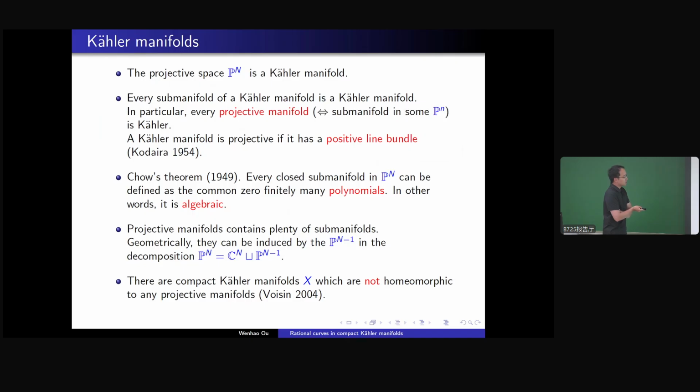This will give us a smaller submanifold of the first submanifold. By proceeding like this, we can produce plenty of submanifolds of a projective manifold. This is a very special property for projective manifolds, because there are compact Kähler manifolds which only contain a point or itself as submanifold.